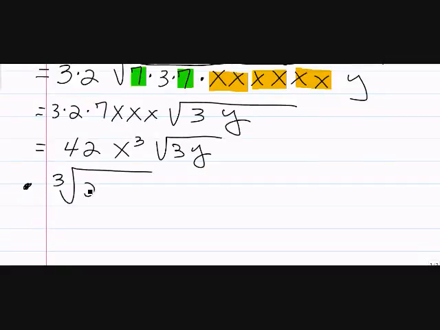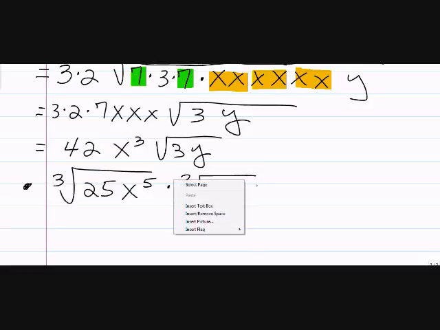Cube root of 25x to the fifth times the cube root of 5x to the fifth, y to the third.